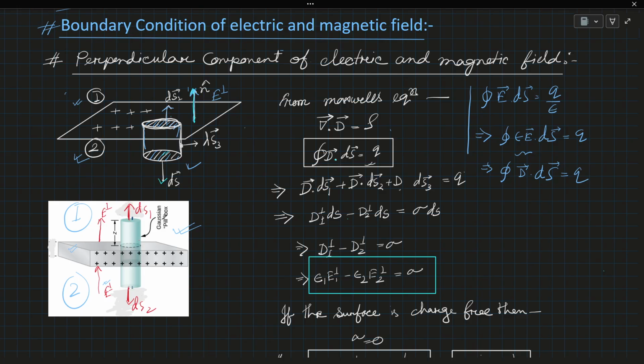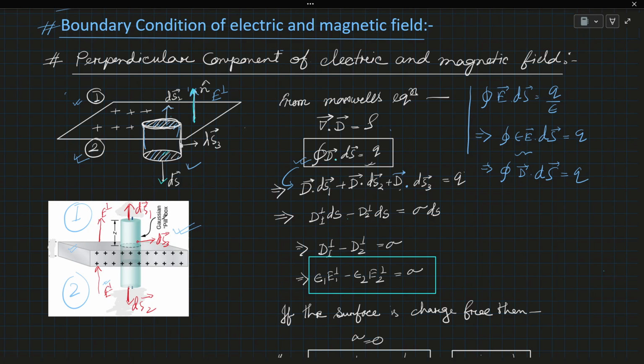Then the curved surface, dS3, is in the radial direction, radially outward. So I can write the equation as the sum of these three integrals, D dot dS1 for this surface, then for the dS2 surface, and then for the dS3 surface, which is equal to Q.